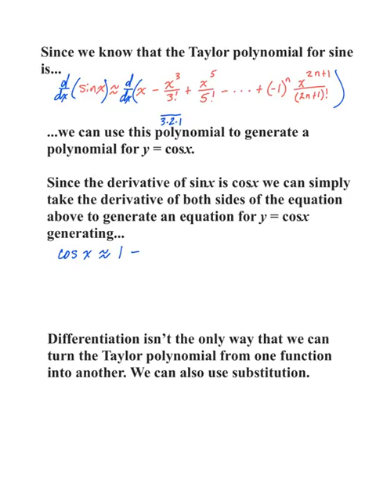And if you take the derivative of the numerator, that is going to give you 3 times x raised to the second power. Now, the 3's are going to cancel with each other, and that is going to leave us with x squared over 2 times 1, which is 2 factorial.